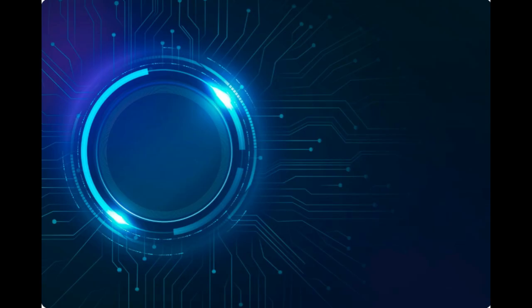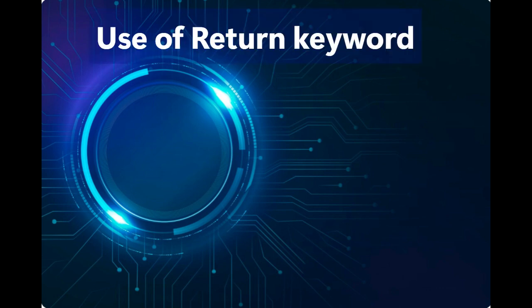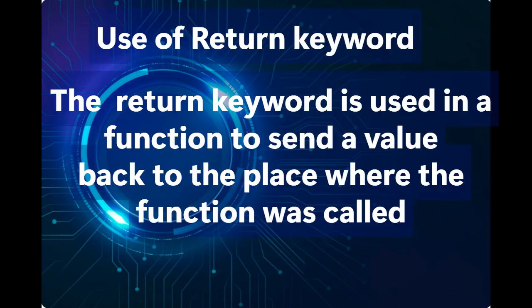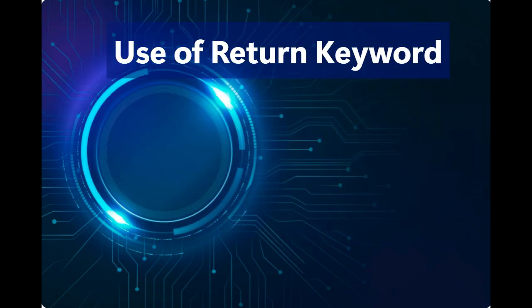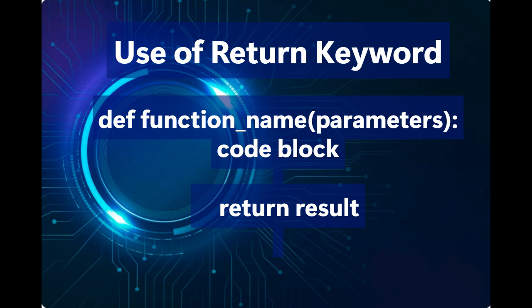Let's take it a step further: the use of the return keyword. The return keyword is used in a function to send a value back to the place where the function is called. Look at this example. When a return keyword is used, that means a function performs a particular task, and the value or result generated from that function is to be used in another part of the code.